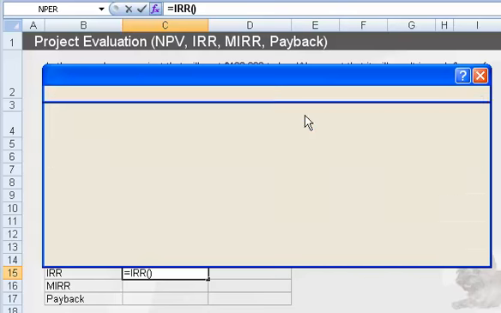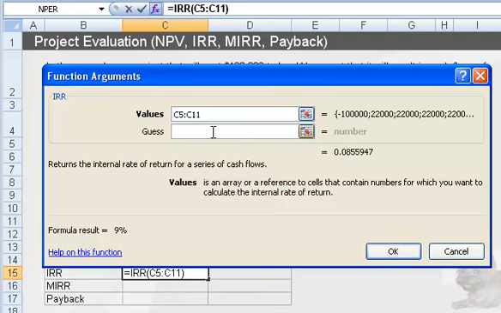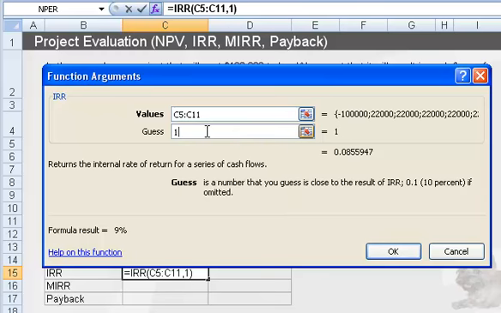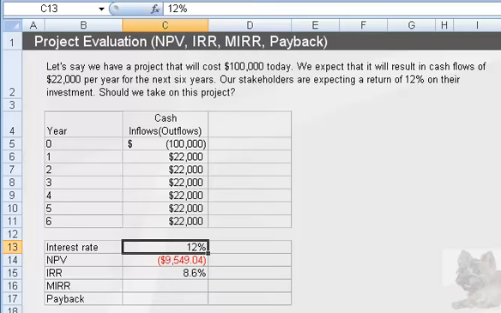Since ours are in annual buckets, we just reference all of those, and then it wants a guess, and I tend to use 10% as a guess. When I do that, I see that the IRR is 9%. If I take it to one decimal place, it's actually 8.6. Why don't I take that one to one decimal place as well?